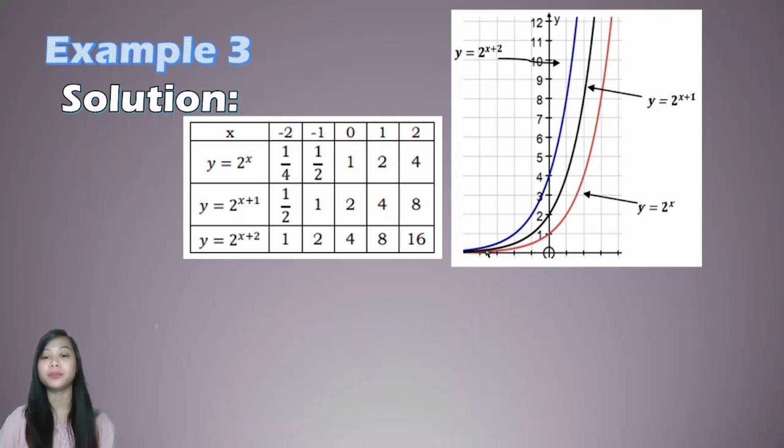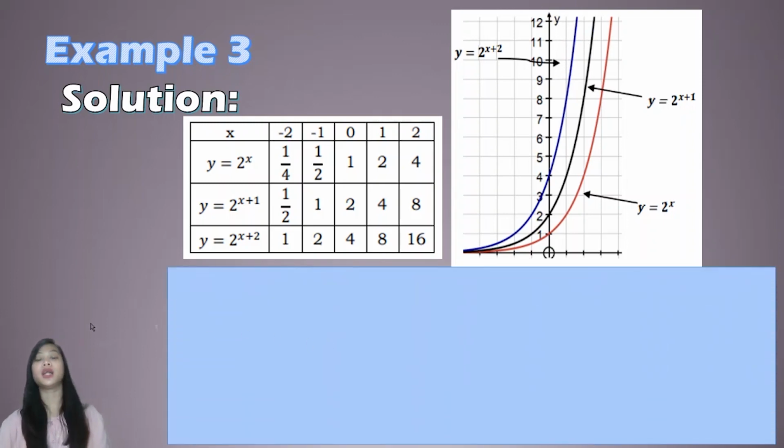When we plot it, for negative 2, our y is positive 1, for negative 1 we have positive 2, for 0 we have positive 4, for positive 1 we have positive 8, and for positive 2 we have positive 16. So it can be plotted up to positive 16.